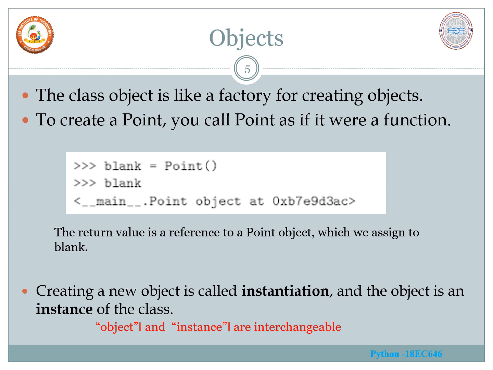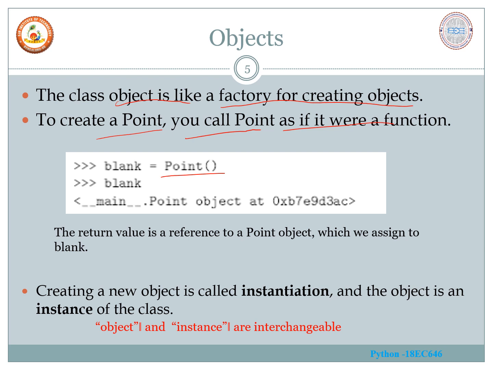The class object is considered to be like a factory for creating objects. Here, to create a point, we call Point as if it is a function, so Point is working like a function. Consider this example.